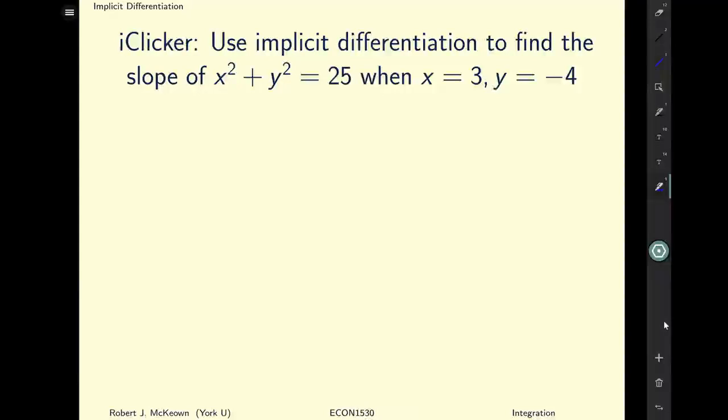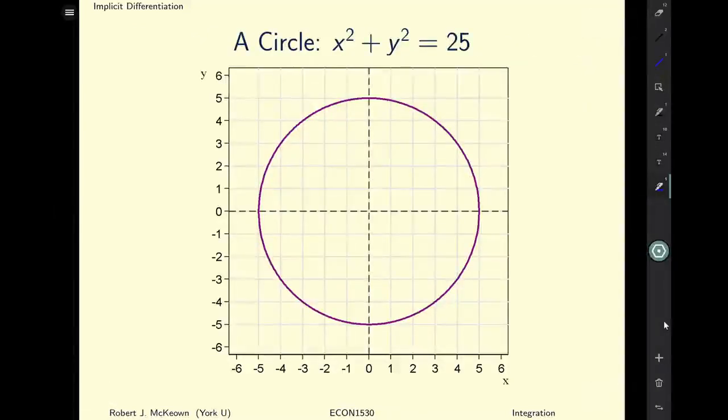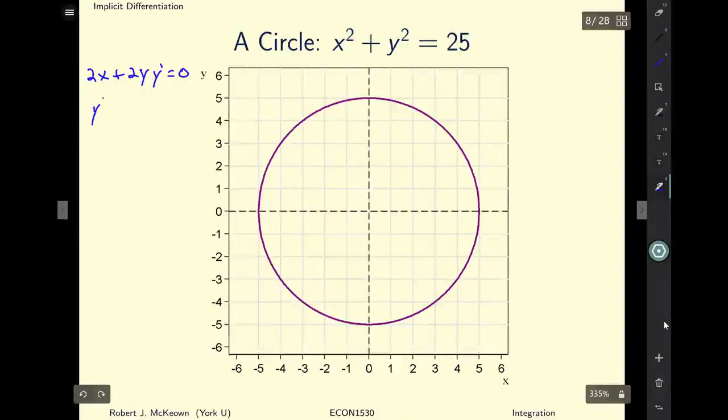Now, remember, we wanted to find the slope at a certain point on the circle. So let's take a look at the coordinates (3, negative 4), and let's see if we can use the implicit differential that we calculated to find the slope. So here is the graph, and we have 2x plus 2y y prime is equal to 0, and we ended up with y prime is equal to negative x over y.